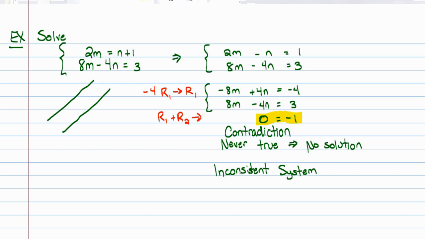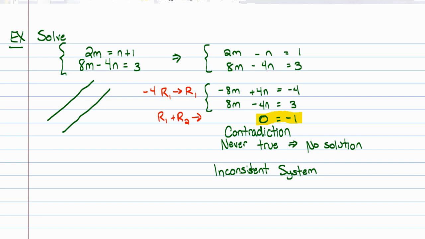The algebraic methods are substitution and elimination. Both of them are fair game, and you should be able to use both. I think they both have their uses, but elimination gets used quite a bit in the real world.